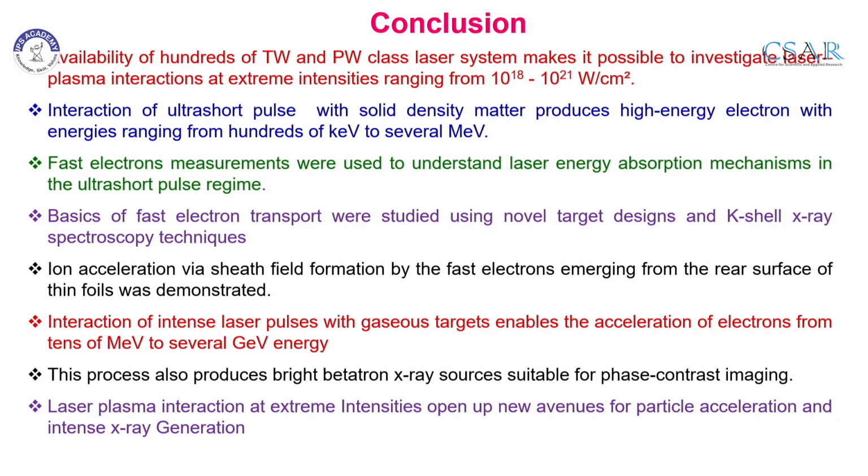Ion acceleration is due to the sheath field formed by the escaping fast electrons through the thin foils, and these ion beams can be utilized for many more applications. Interaction with the gaseous target gives you GeV class beams and betatron X-ray sources, which are suitable for phase contrast imaging. So essentially, the interaction at extreme intensities opens up new avenues for particle acceleration and X-ray generation.